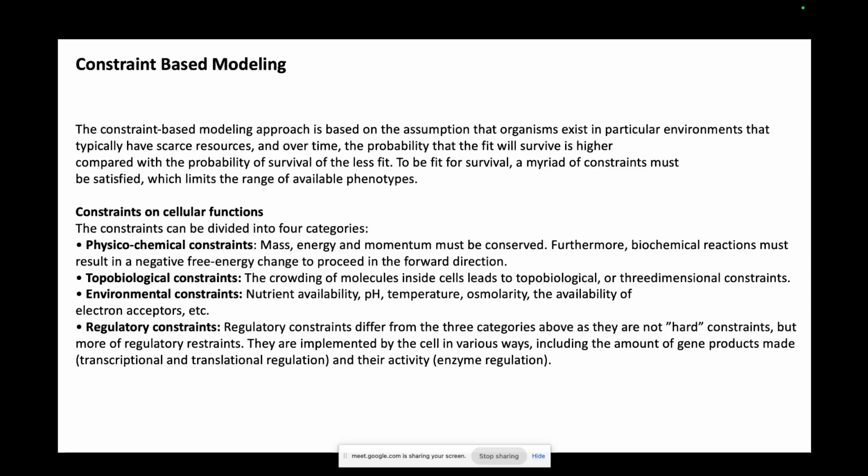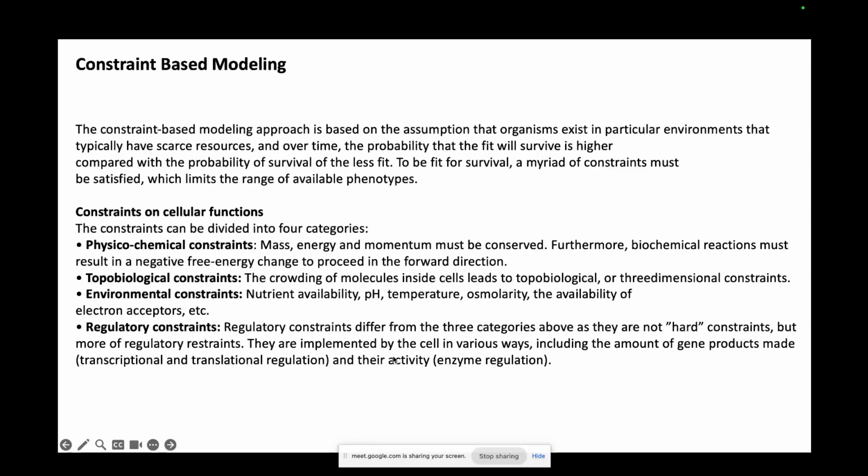If you change the temperature or the pH slightly, the reaction will not be ideal, because the working of the enzyme and the reactants is a function of temperature. There's one particular temperature at which it has the highest activity, and if you move away from that, left or right, the activity drops. So those are environmental constraints.